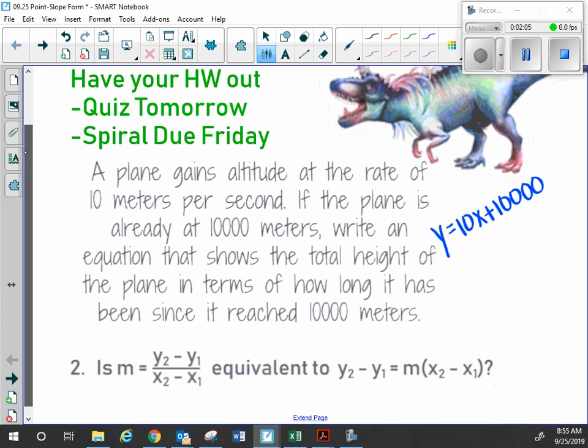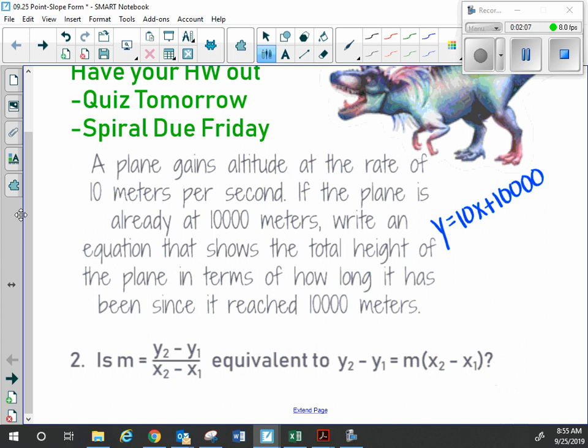If we go back to that warm-up, what was this formula? Slope-intercept. No, not slope-intercept. That's just slope, right? How to find the slope. And then point slope. But you actually have to replace these with an actual point.